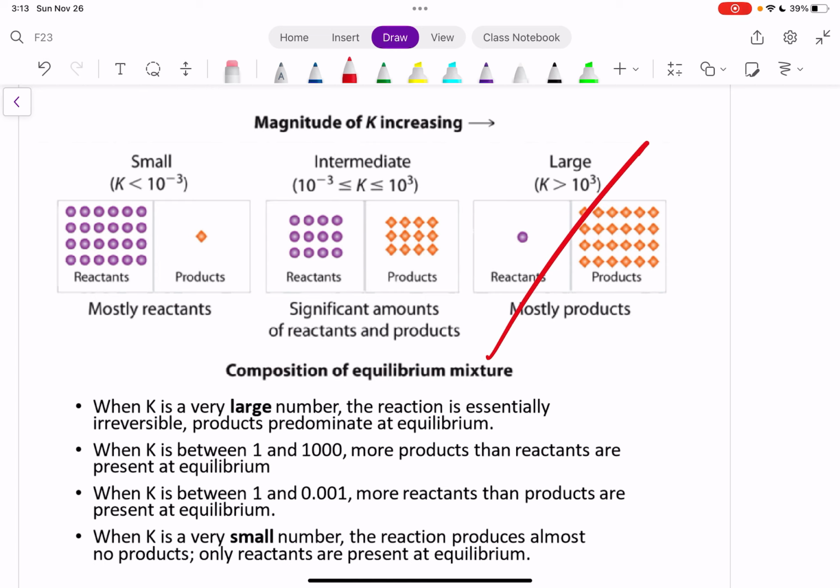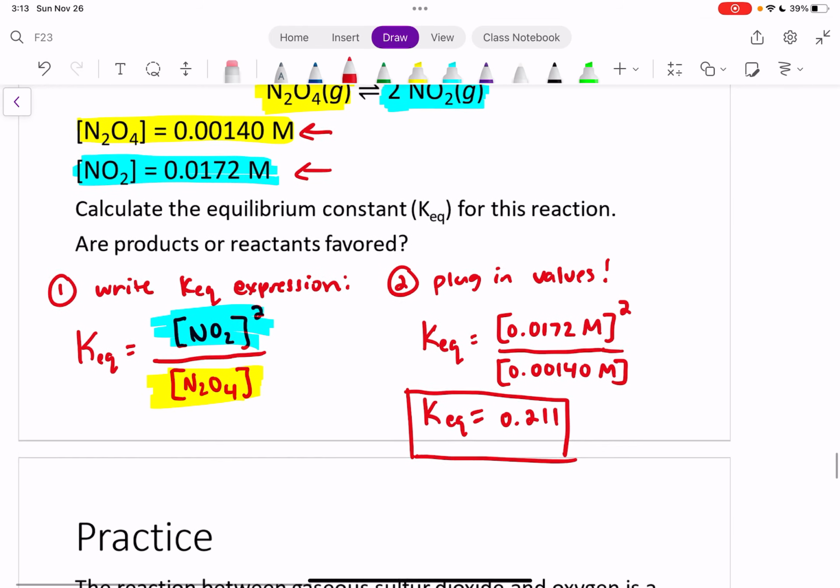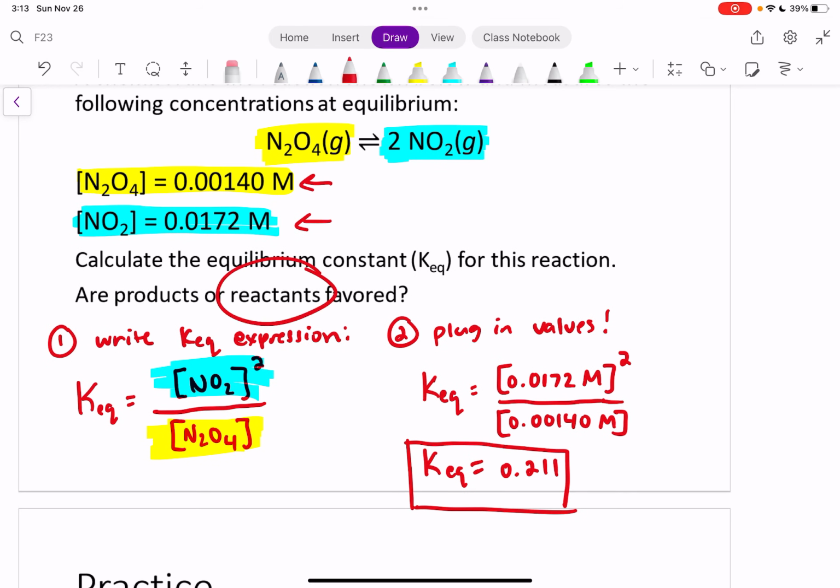But it's not quite less than 10 to the negative third. 10 to the negative third is 0.001. So it's not quite less than that. So it's not all reactants, so it's somewhere in the middle, but it's actually between 1 and 0.001, so we're definitely going to have more reactants than products at equilibrium. So this one, we would say the reactants were favored.